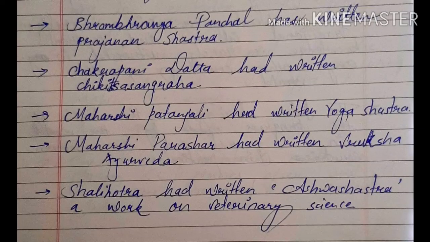Brahmanya Panchal has written Garbha Shastra. Chakrapani Datta had written Chikitsa Sangraha. Maharshi Patanjali had written Yoga Shastra. Maharshi Parashar had written Vruksha Ayurveda, and Shalihotra had written Ashwashastra, a work on veterinary science.